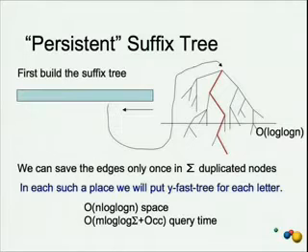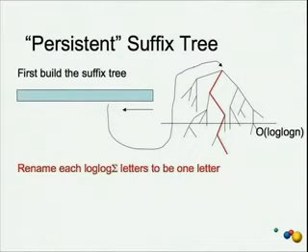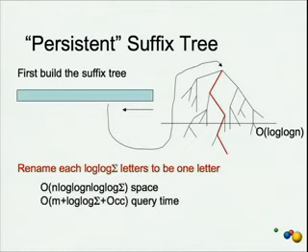Now I want to reduce it, so I reduce it by renaming each log sigma letters to be one letter, and now it will cost me m log sigma over log sigma, then it will be O(m). And actually, to do that, I need to have here a log sigma tree. No, it's log n times log sigma.